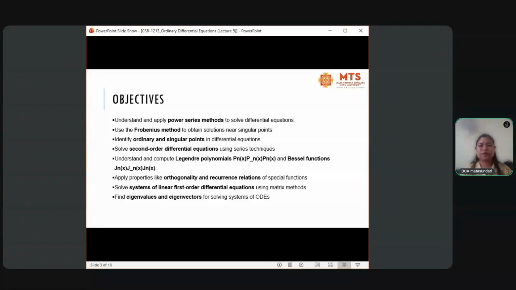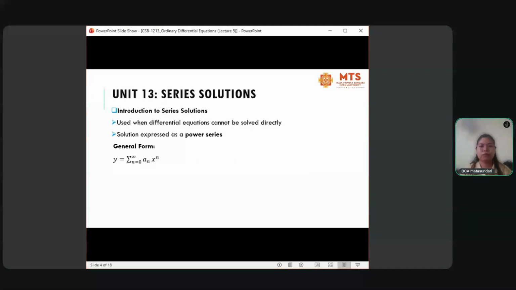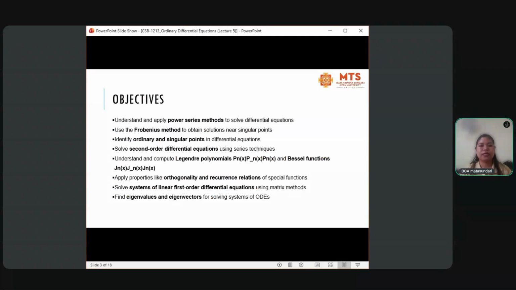Solve second order differential equations using series techniques. Understand and compute Legendre polynomials and Bessel functions. Apply properties like orthogonality. Find eigenvalues and eigenvectors for solving systems of ODEs.